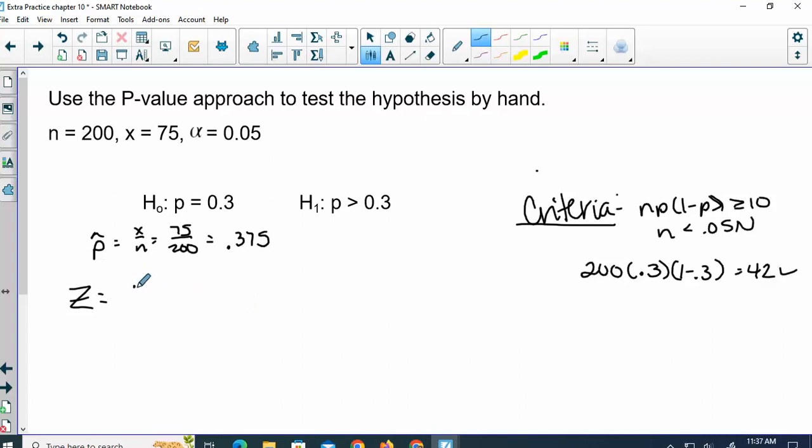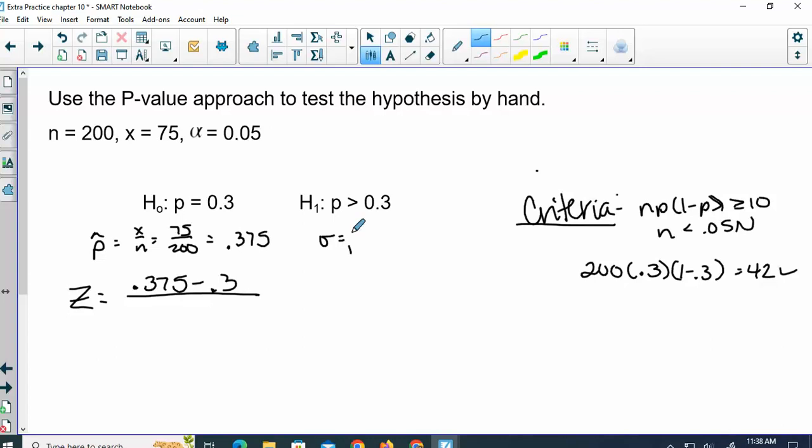So it's p hat, or our value, minus the p in the null, divided by what? Standard deviation. So we need our standard deviation. How do we get that? Square root of p times q, or 1 minus p, over n.